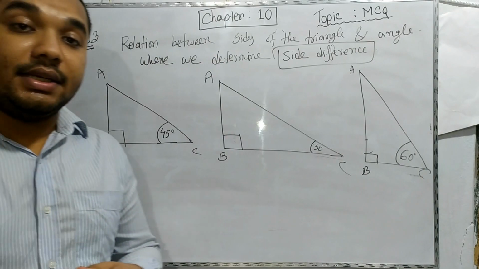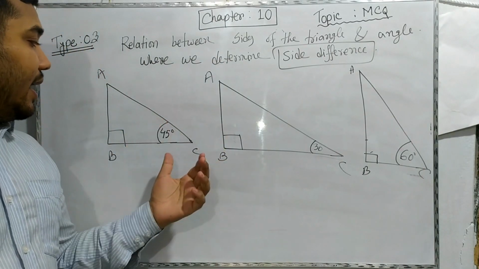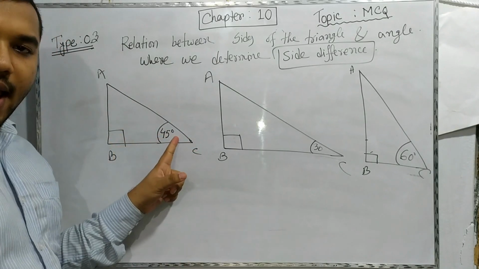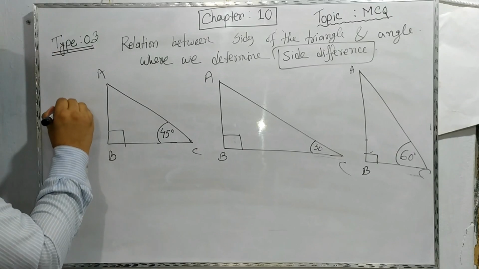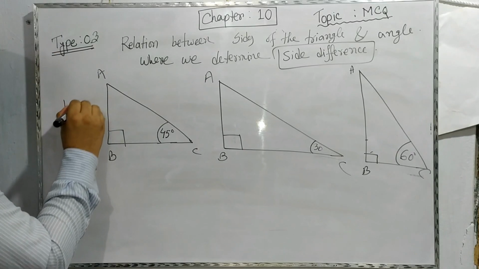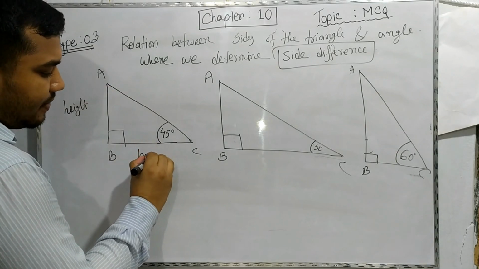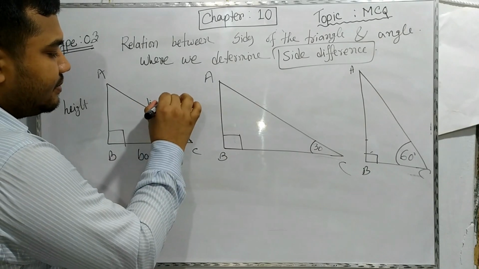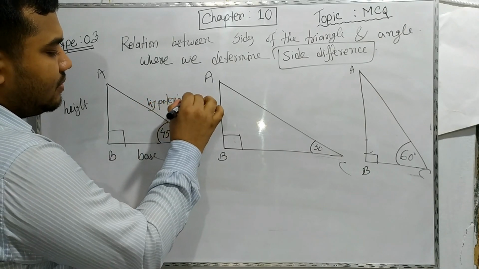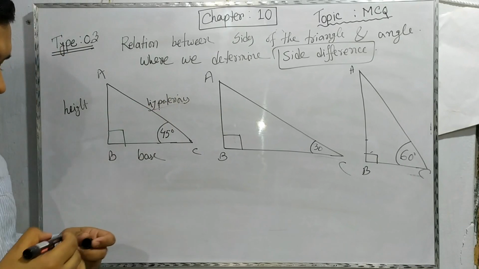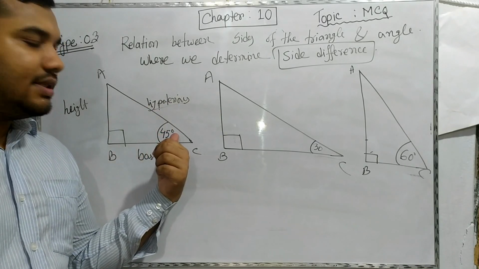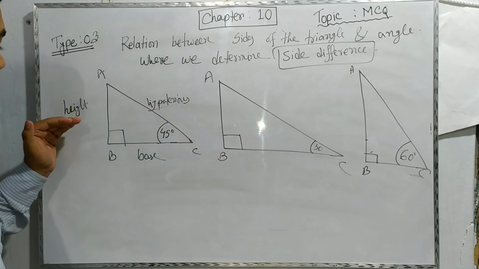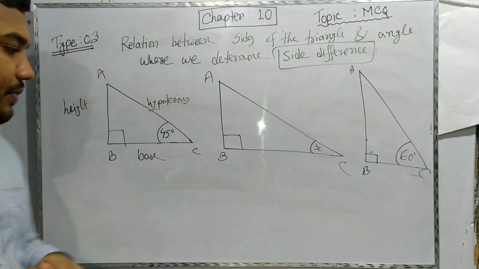First of all, my question is, from the first figure, where do we get the height and base? Since this is the angle, we can say this will be the height, that will be the base, and this must be the hypotenuse. Okay, when the angle is 45 degrees, then the height and base are equal.